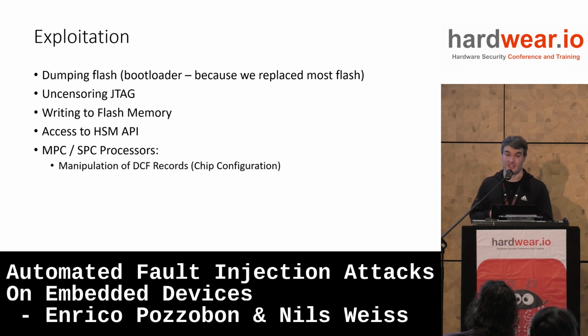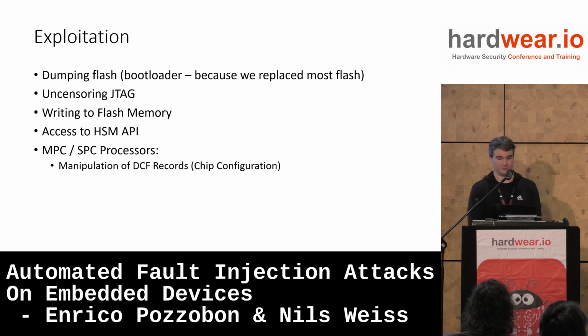We can unlock JTAG on a lot of architectures. For example, on PowerPC, you do this by writing a DCF record, a device configuration format record. And after you unlock JTAG, you can do other stuff, even permanently after you already run the attack.